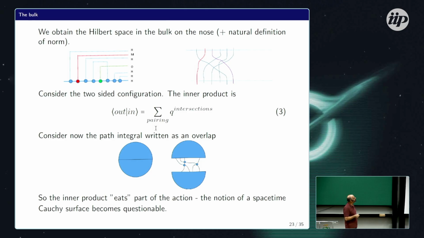and the inner product is: I give you one state given by some ordering of dots with colors and another one, and you do all the pairings, summing over all the pairings such that the same colors are paired, with q to the number of intersections, or the appropriate q that has to do with the intersections.